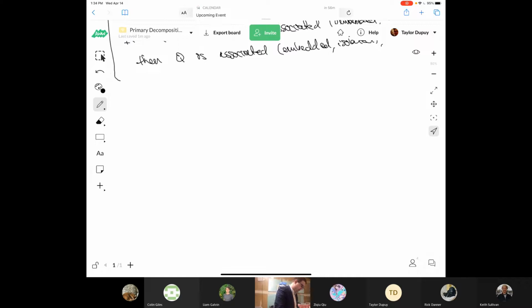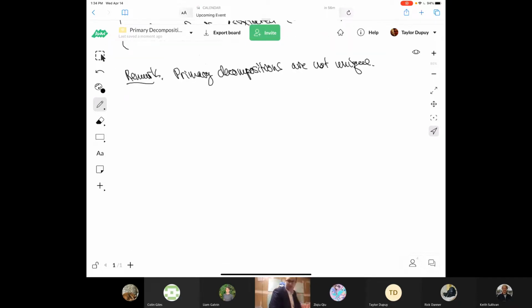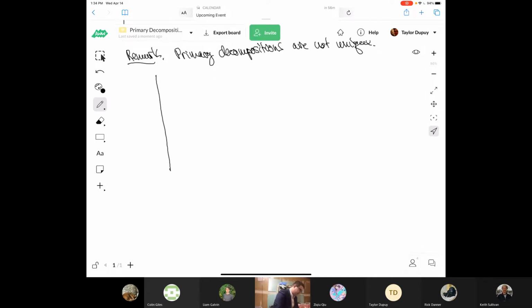So, remark. Primary decompositions are not unique. In particular, the embedded components are not unique. Let's do this example here. This is the y-axis with a fat point, right?